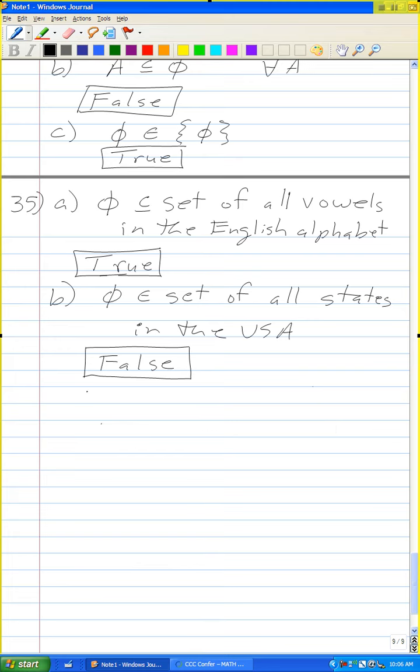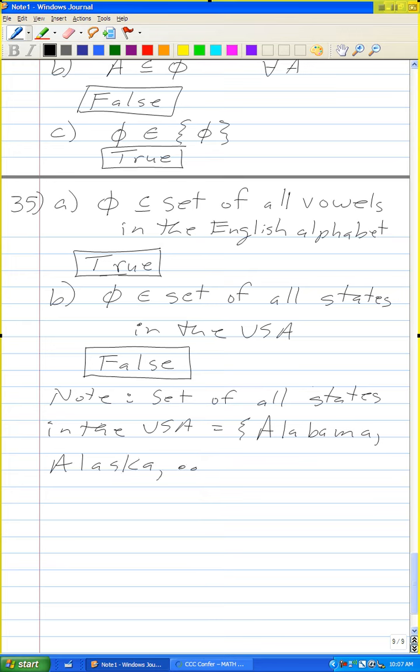So note, the set of all states in the United States is things like Alabama, Alaska, etc., up to Wyoming.